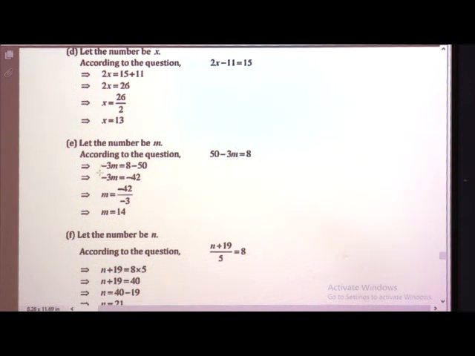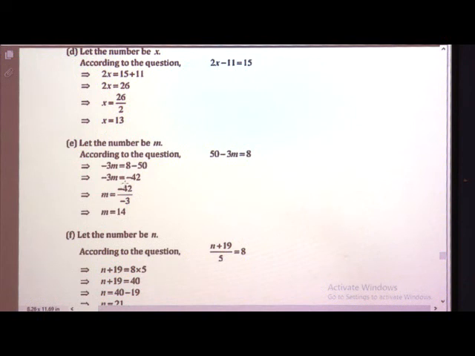Just separate the variable with its sign, so minus 3m is equal to 8 minus 50, because here we have plus 50. So, 8 minus 50 is minus 42. You know 50 minus 8 is 42, but you have to write the sign of the greater number, which is a minus.